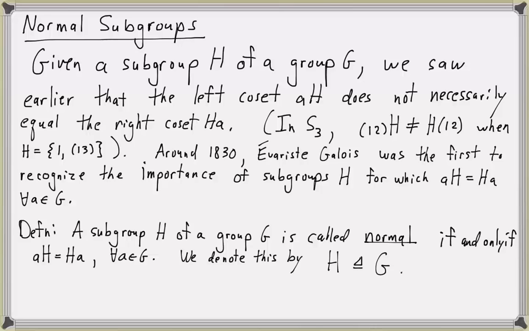Now there are many equivalent definitions of a normal subgroup, and the next theorem will prove several other statements are equivalent to this statement of AH equal to HA for all A in G. And so any one of these following statements could have been used for the definition of a normal subgroup. So let's begin our theorem.